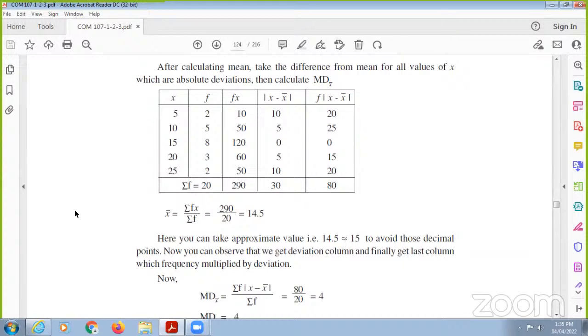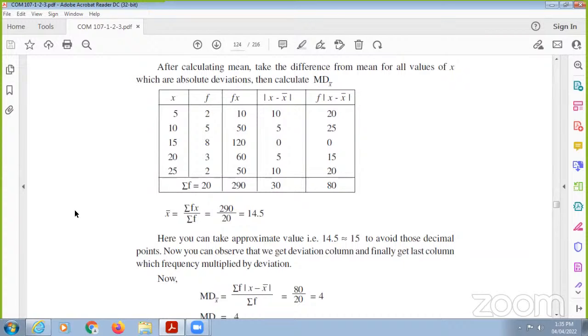Then x minus x bar, that means here you will find 10 first, then second is 5, then 0, then here 5, 20 minus 15, then here 25 minus 15 is equal to 10. The total will be 30 here.